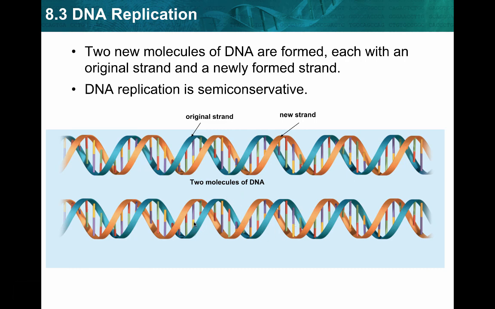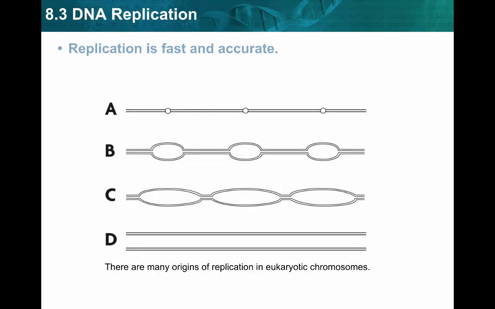So originally that DNA molecule was coded as blue, but during replication it opened up and the new strand here, which is orange in color, paired up to the original strand. So now I have two new strands, but notice each new strand is composed of an original and a new strand. That's again why we call DNA replication semi-conservative, because we somewhat conserved the original molecule, right? Half of it stayed intact.